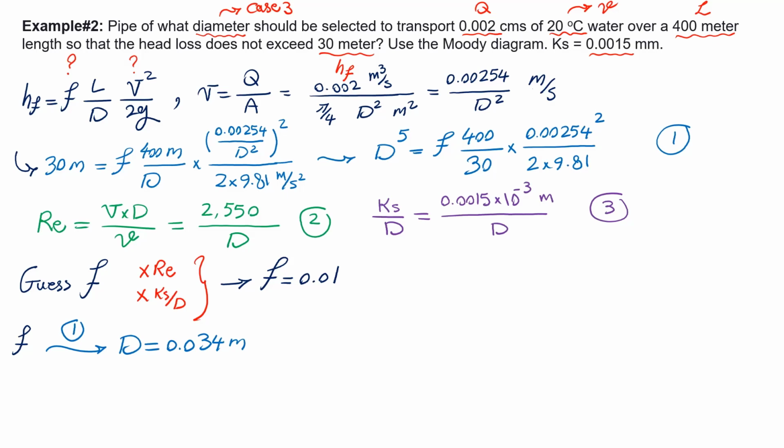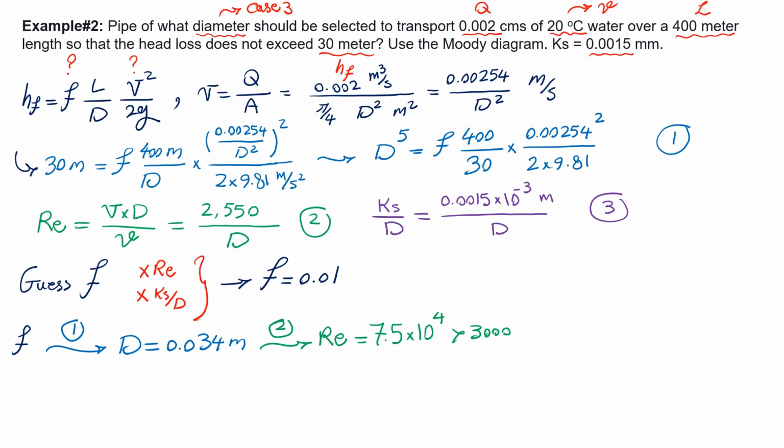Now, when you have diameter, then you can put it in equation 2 to get Reynolds number, right? And when you do that, the Reynolds number that you get would be equal to 7.5 times 10 to the power 4, which is larger than 3,000, and our flow is turbulent. Okay.